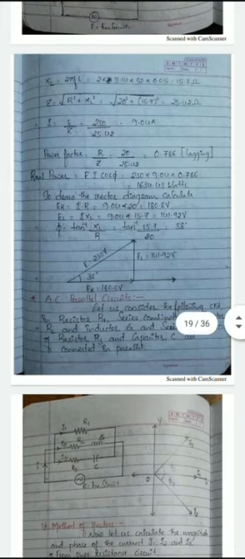Therefore power factor is equal to 0.786, right? In the previous class we discussed that in the case of an inductor or RL circuit the current will be lagging, hence 0.786 is the lagging case.